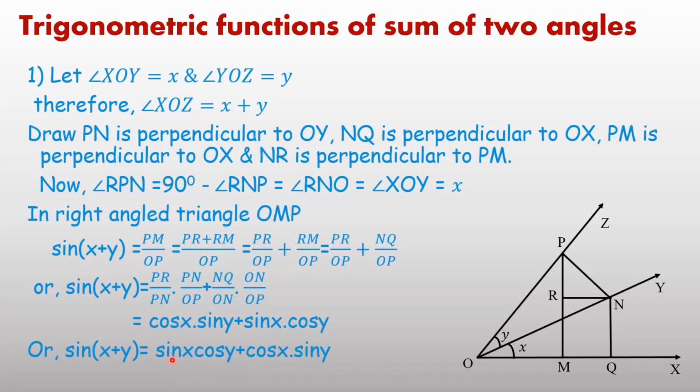Therefore, the first identity formula for sum of angles we can write: sin X plus Y equals sin X cos Y plus cos X sin Y. If anyone asks to find the value of sin 75 degrees, you don't know the value of sin 75 degrees, but 75 we can write as 45 plus 30, and sin 45 plus 30 equals sin 45 cos 30 plus cos 45 sin 30, and by putting values of sin 45, cos 30, cos 45 and sin 30 we can find the value of sin 75 degrees.